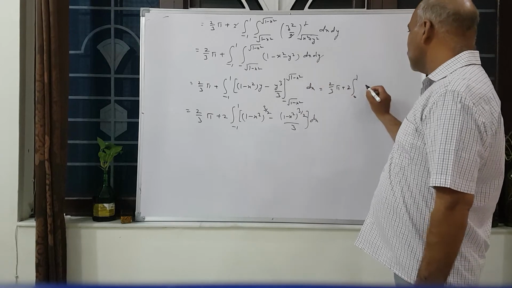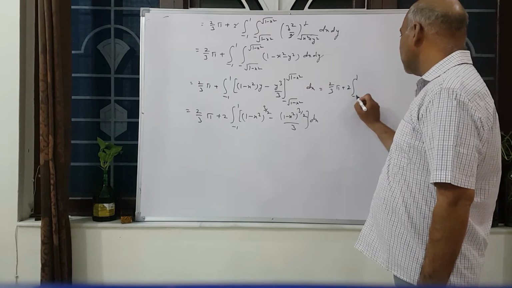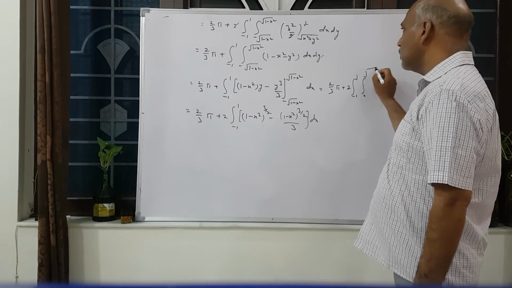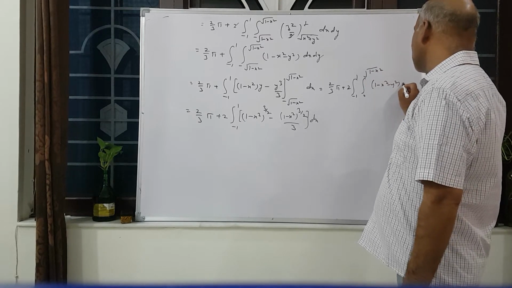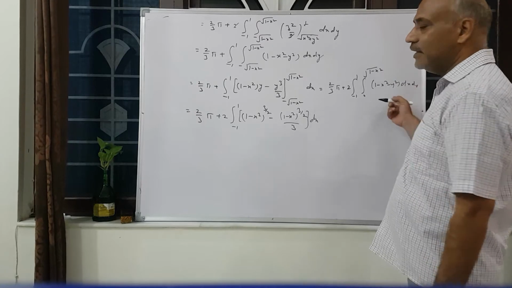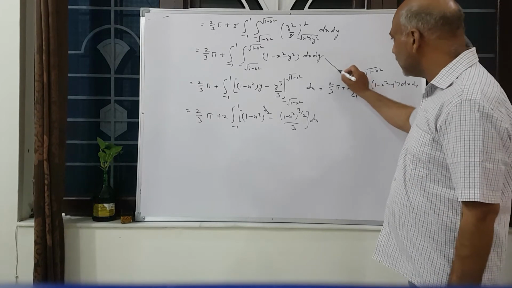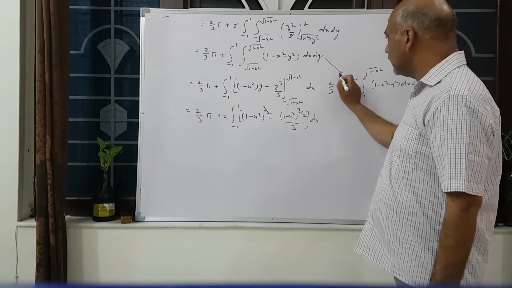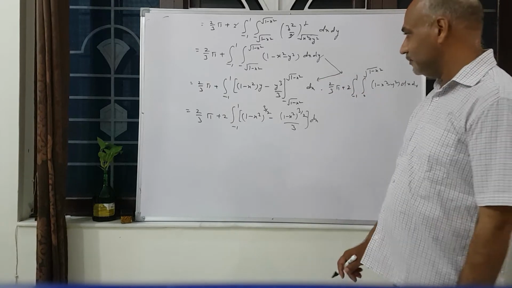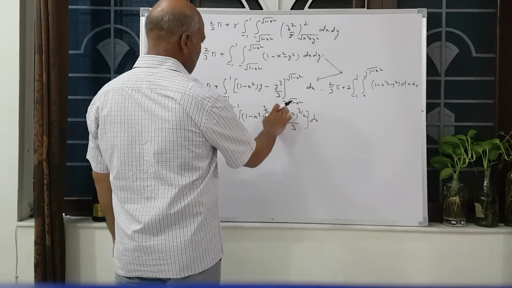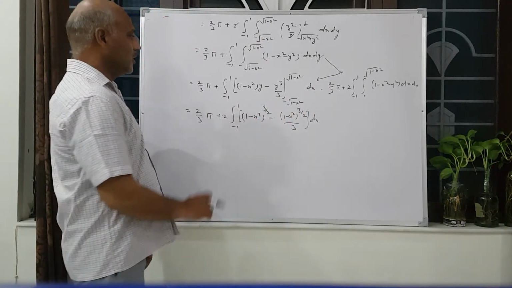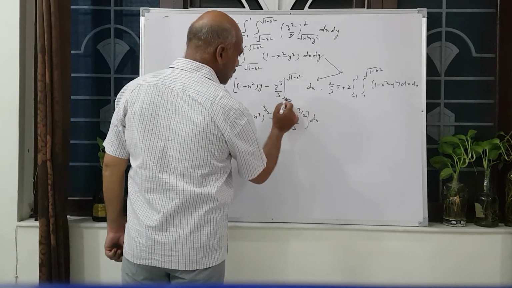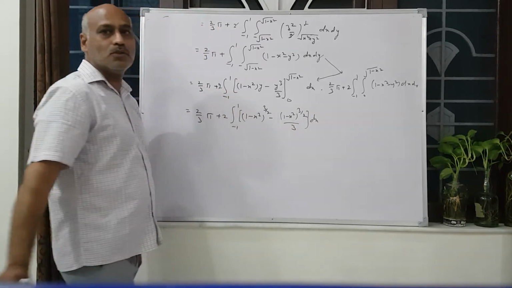So minus 0, minus 1 to 1 or 0 to root 1 minus x square, 1 minus x square minus y square dx. Okay, you can write this one like this, or you can multiply by 2.